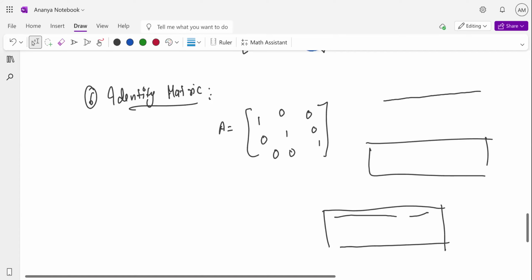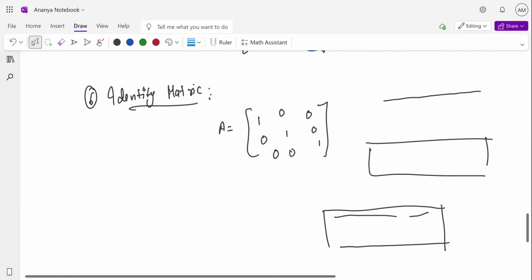The last important thing is unit matrix. Try to figure out what the characteristic of a unit matrix can be. It has only one entry?